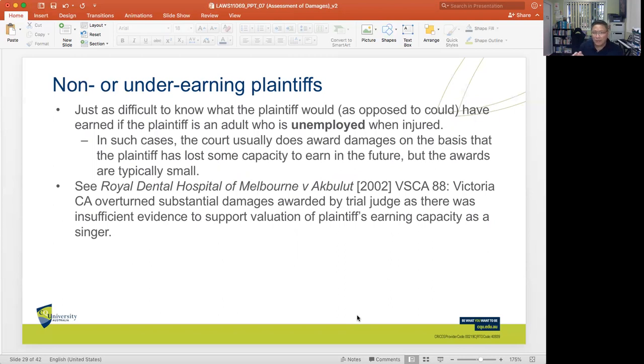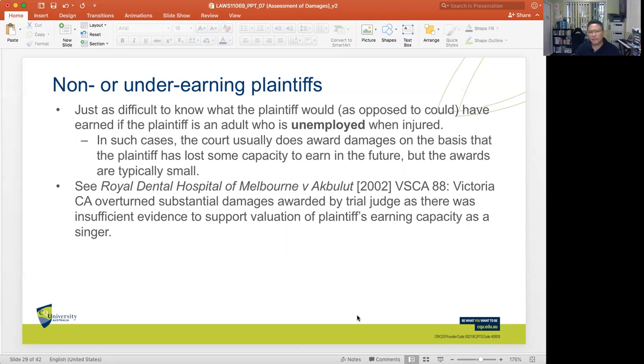So if you have a plaintiff who is unemployed when injured, there can still be an award for damages for future lost earnings, but typically the awards will have to be small because it's difficult for the court to think that somebody who is unemployed today will suddenly earn $500,000 every year, because that person then becomes potentially a barrister or a vice chancellor of a university.